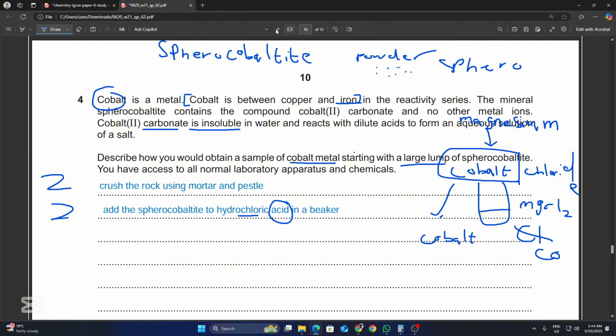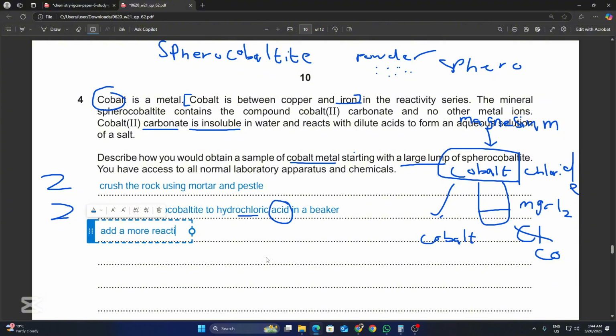So what we're going to write is add a more reactive metal than cobalt.